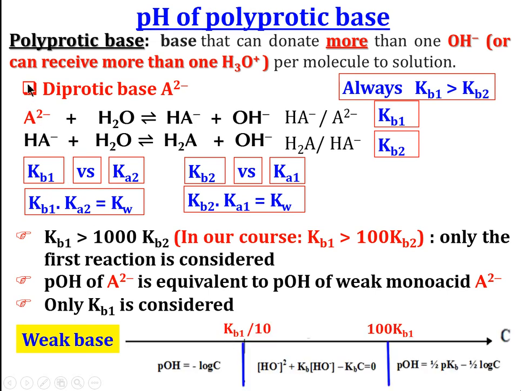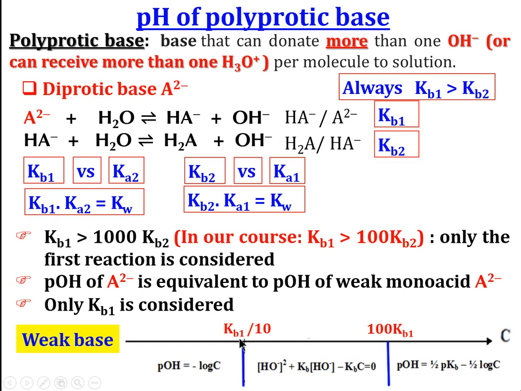We compare the initial concentration to Kb1. If the initial concentration is greater than 100 times Kb1, we apply pOH equal half pKb1 minus half log C. If the initial concentration is less than Kb1 over 10, we apply pOH equal pC.